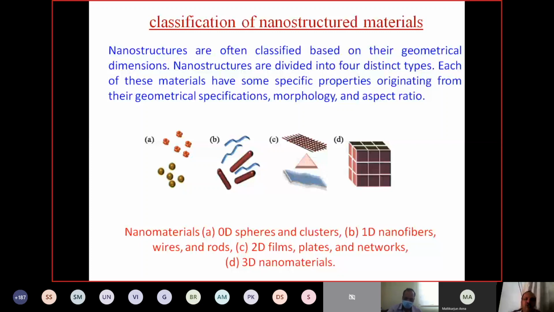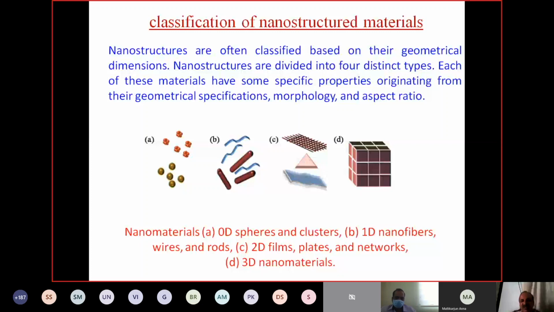2-dimensional means that in any two directions, length, breadth or height, it has more than 100 nanometers, so only in one dimension it is nano size. We call that 2-dimensional. It is like films.